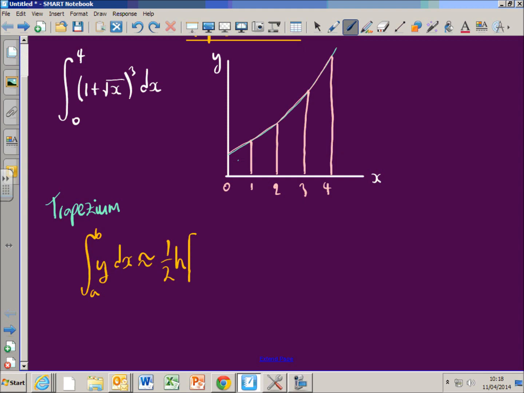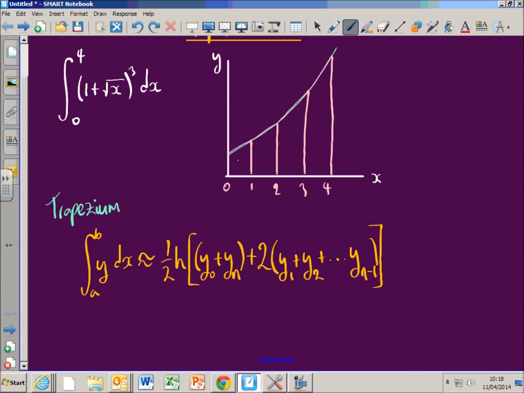The first y value plus the last y value, and then you just keep going until you get to the one before the last. Yep. Brill, well done, Josh.